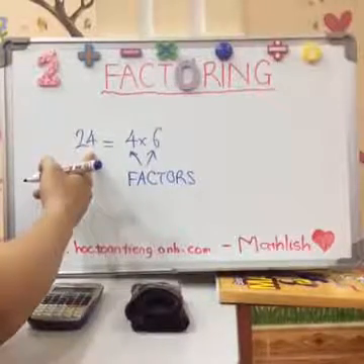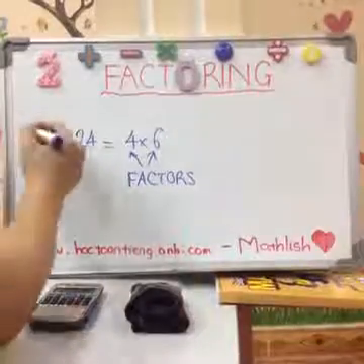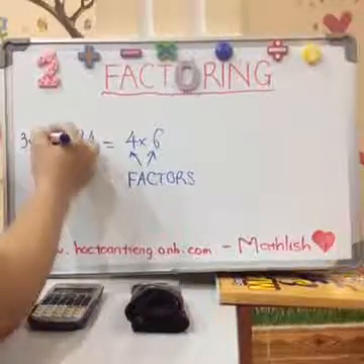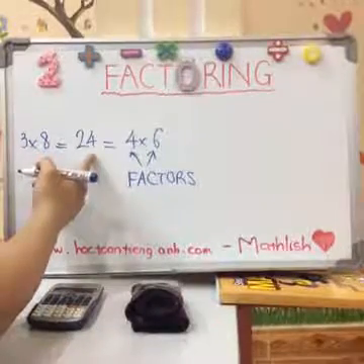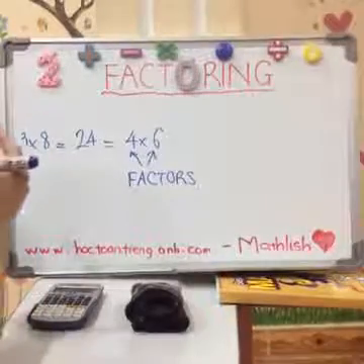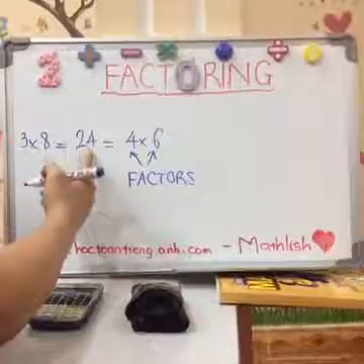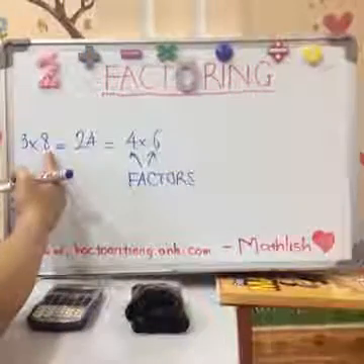Now, hold on. I'm sure some of you have seen that 3 times 8 equals 24. And that's true. We could have decided to factor 24 into 3 times 8 instead.